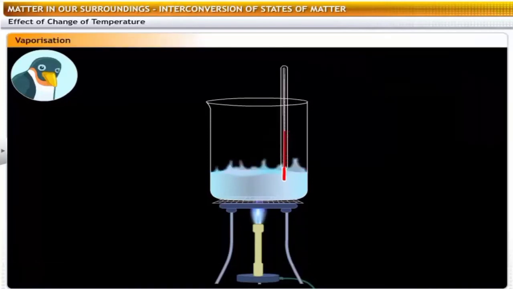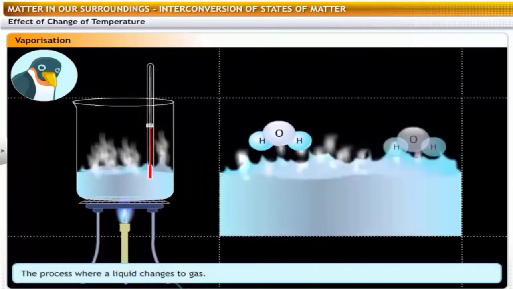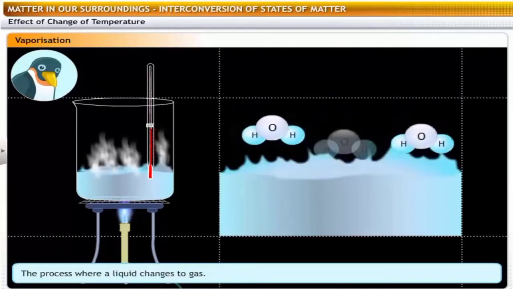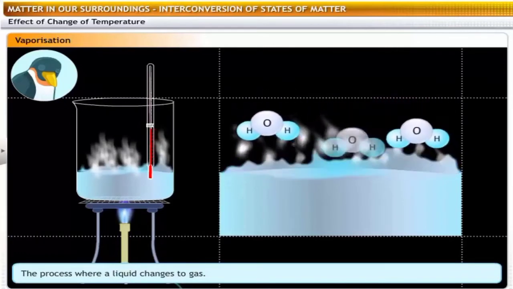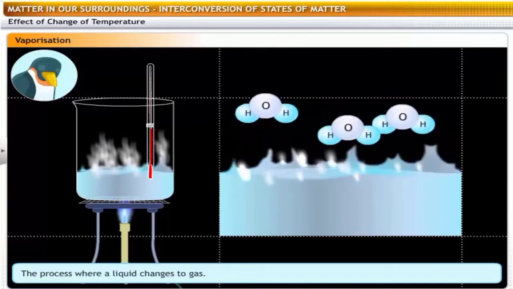Water boils at 100 degrees Celsius. At that temperature, it changes from the liquid state to the gaseous state. Just like in the case of ice turning to water, this change of state also requires latent heat.